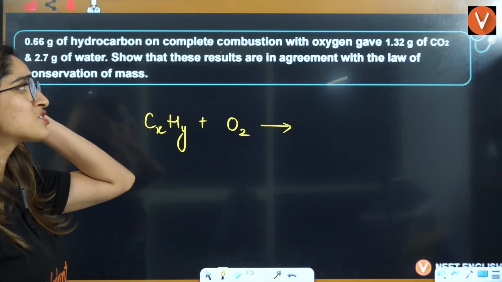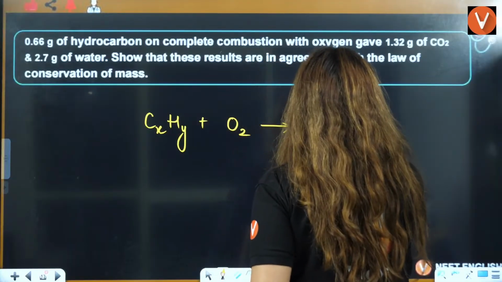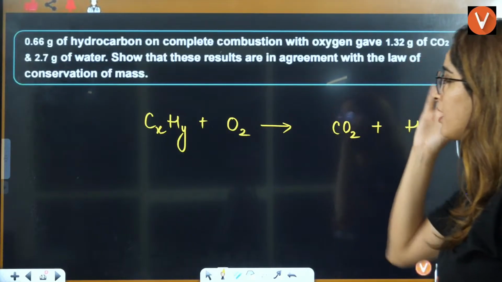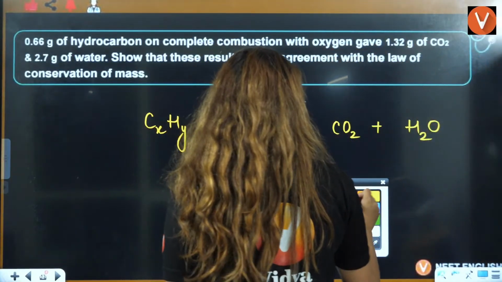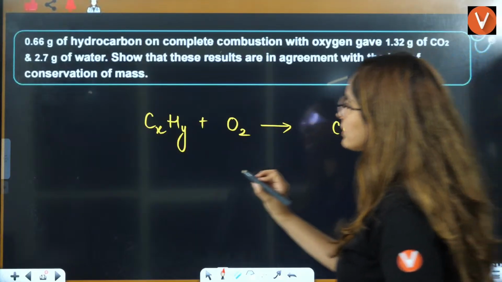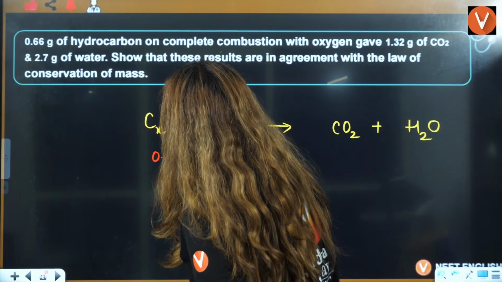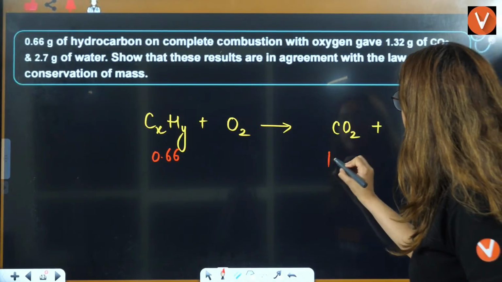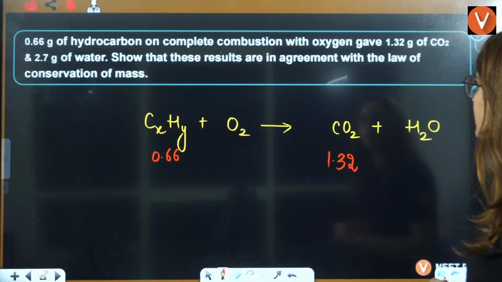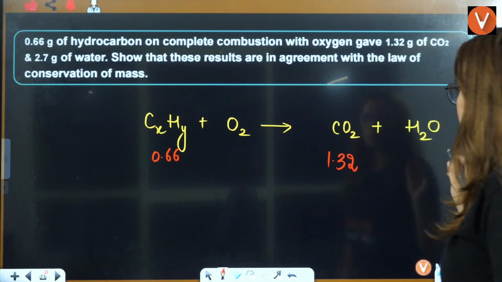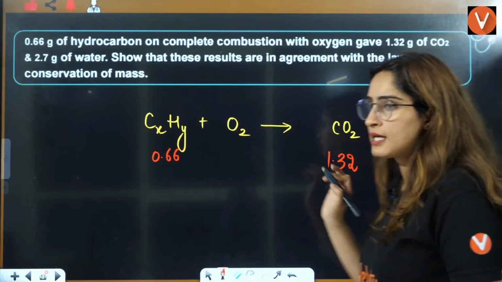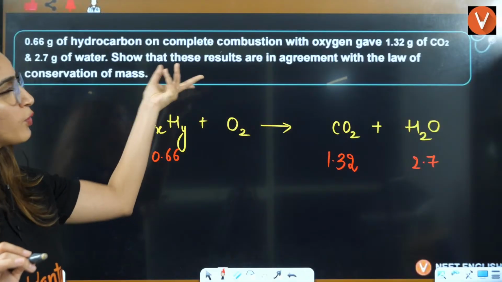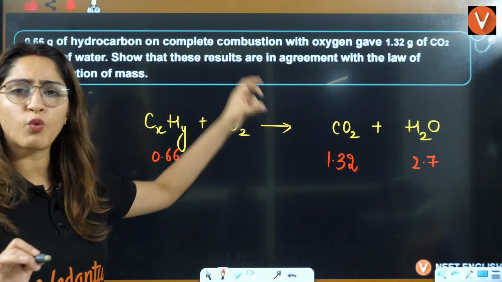With oxygen it gave CO2, definitely, whenever a hydrocarbon is under combustion, it only gives CO2 and H2O. Now, we know what is the mass of hydrocarbon, what is the mass of CO2, and what is the mass of water. All these things are given to us in the question. You can see I have just written what is given in the question.